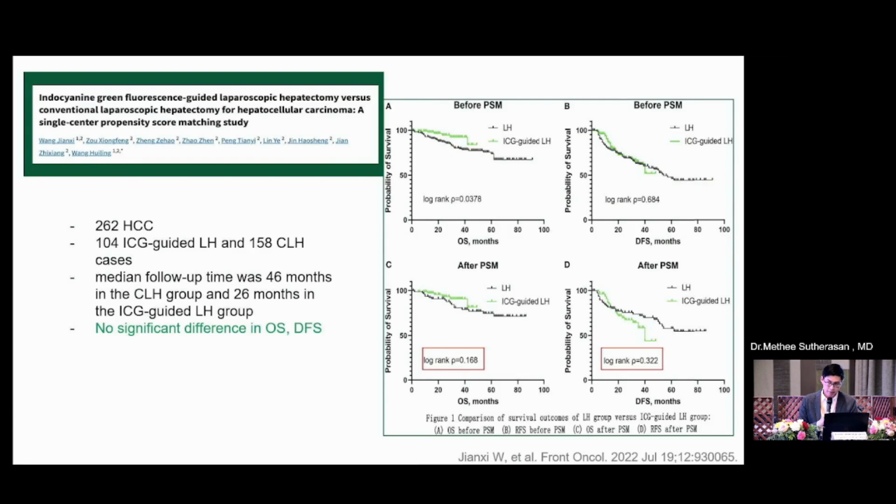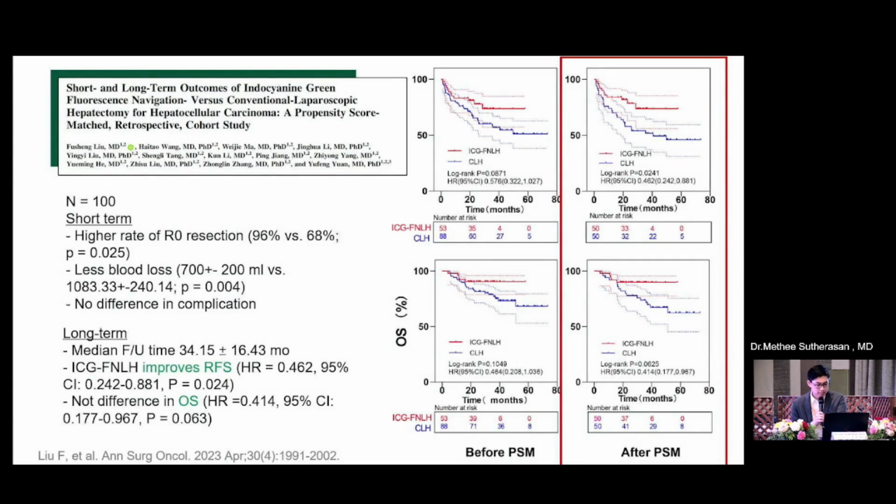But from the oncologic point of view, in the short-term follow-up, there is no significant difference in overall survival and disease-free survival between ICG and non-ICG use. But from some studies in the long-term outcome, they can improve the recurrence-free survival, but not the overall survival.